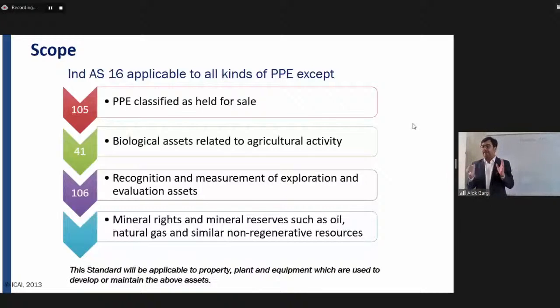Or for example, there is a tractor which is engaged in the cultivation of land related to agricultural activity. So these are covered under Ind AS 16.